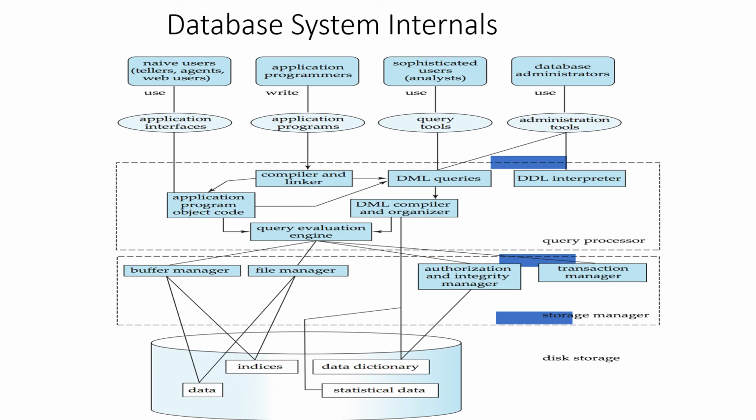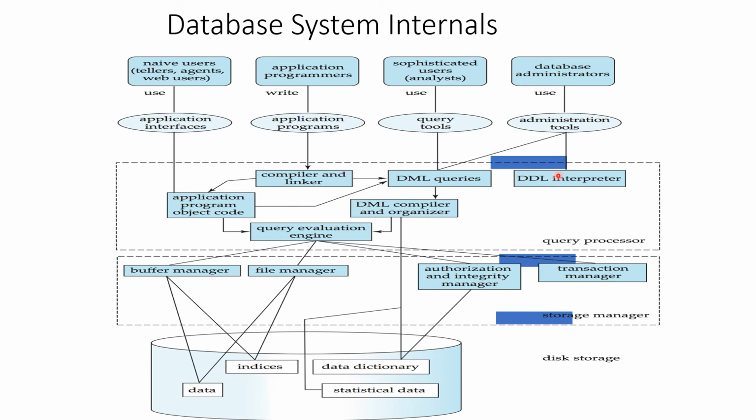So here we have database system internals. We have already seen this much: naive users, application programmers, sophisticated users, and database administrators use the application interface, application programs, query tools, and administration tools to access the database. But what happens inside the database, we can see here.